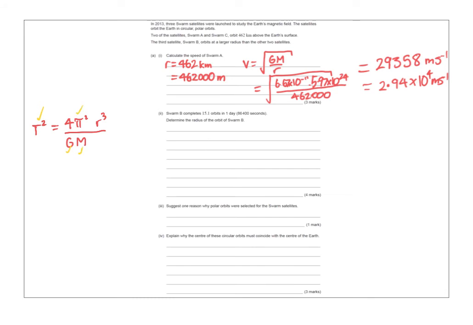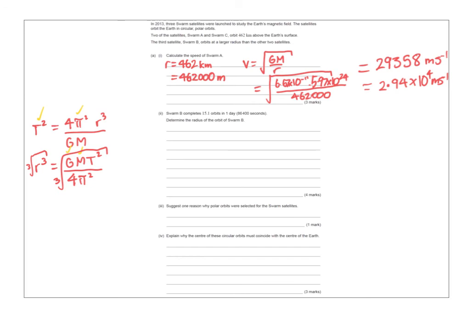So that would seem to be the formula that I can use. So I've got to rearrange that formula. So r cubed will be equal to the GM going to the top, divided by 4 pi squared. And then I'll obviously need to take the cube root to get rid of the r cubed.